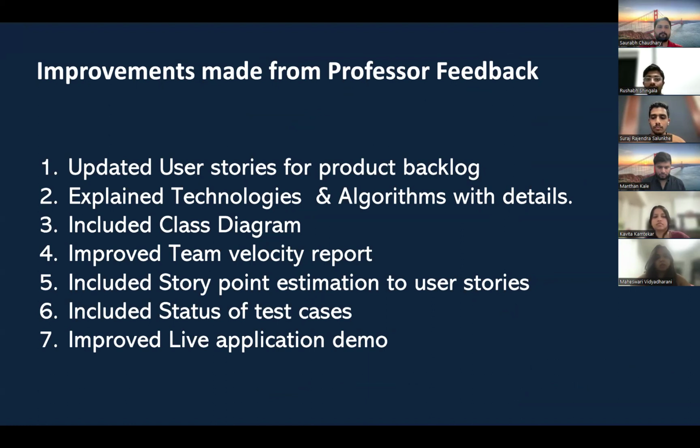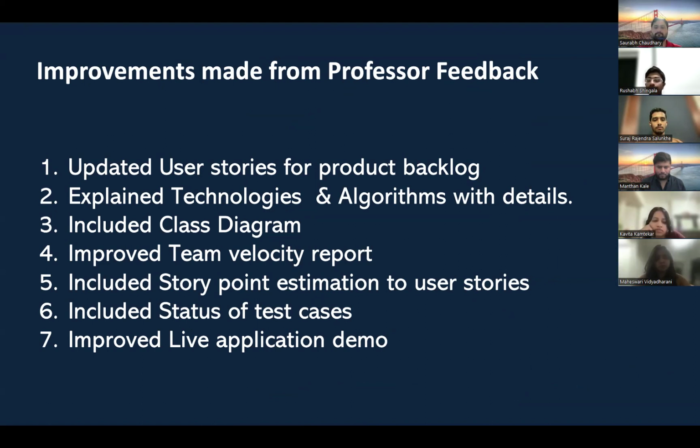So we have worked on the feedback given by the professor. We have updated our product backlog and user stories for the product backlog. Then we have elaborated more on the technologies and algorithms. We have included the diagrams and we have improved our velocity report as well.